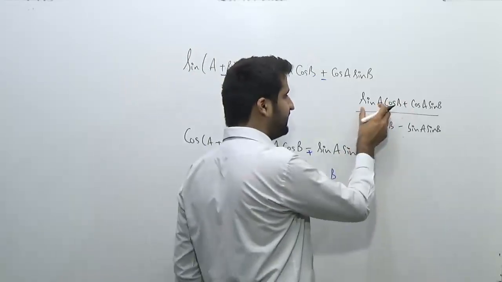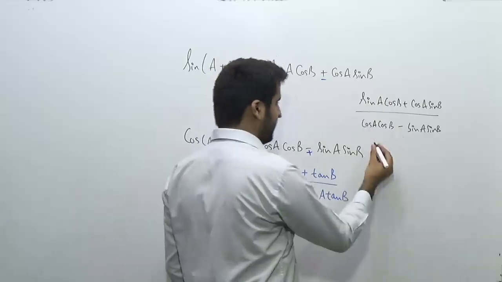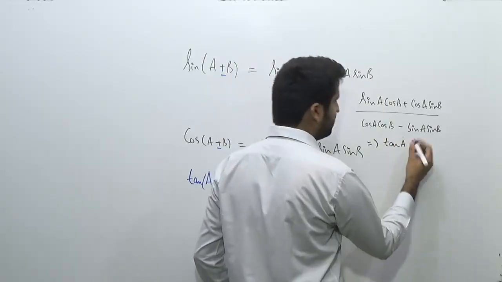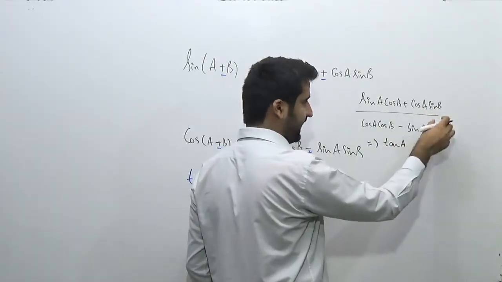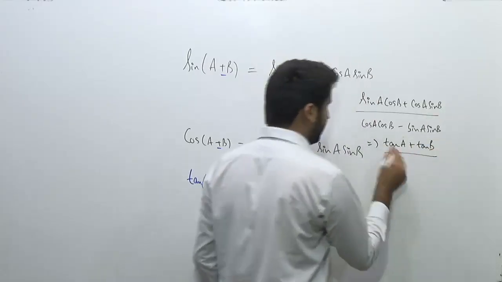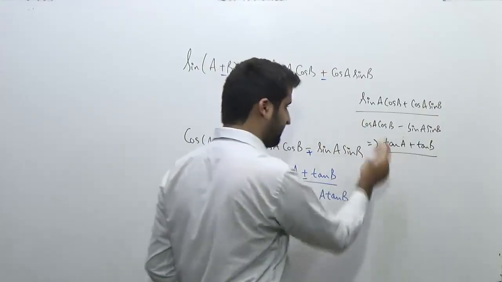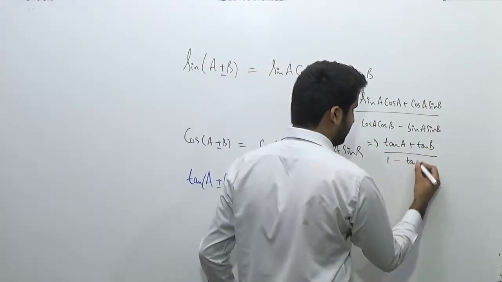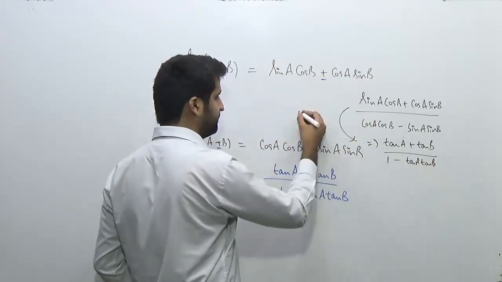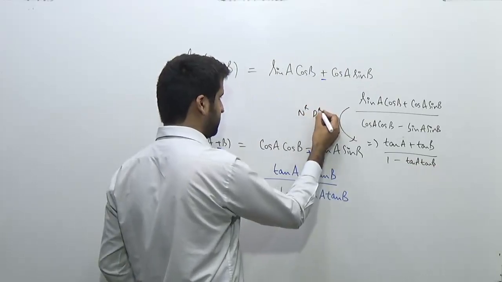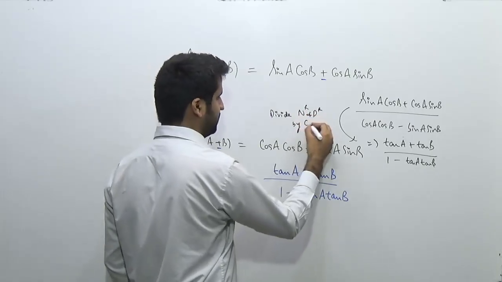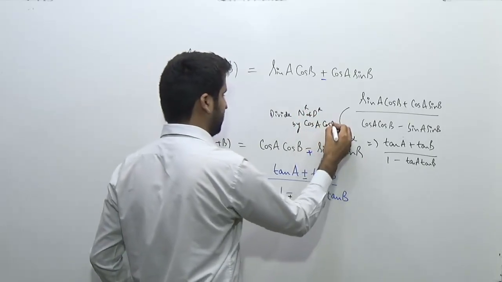What will happen if I divide this expression by cos A cos B? The cos B will cancel out and this will become tan A. Similarly, in this case, cos A will cancel out and this will become sin B upon cos B, which is actually tan B. And in this case, if I divide by cos A cos B, this will become 1 and this will become tan A tan B. So we divided the numerator and denominator by cos A cos B and we got this formula.